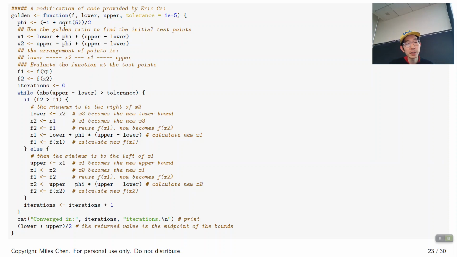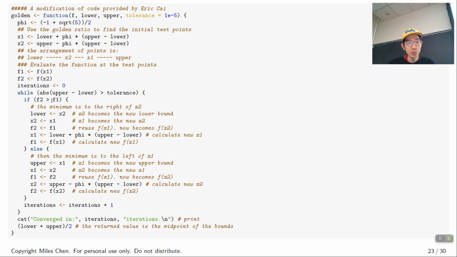We're going to evaluate the function f at x1 and f at x2. And then we're going to say there's some tolerance. By default, I used 10 to the minus 5. We're going to say while the difference between the upper and the lower bound is greater than our tolerance, we will run the following algorithm. So we evaluated the function at x2, evaluated the function at x1.